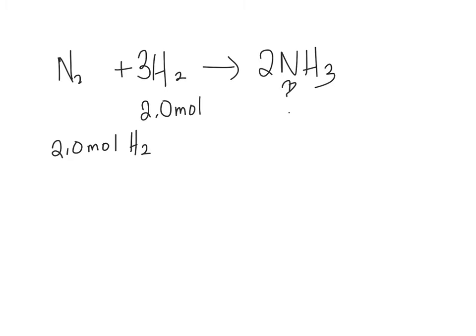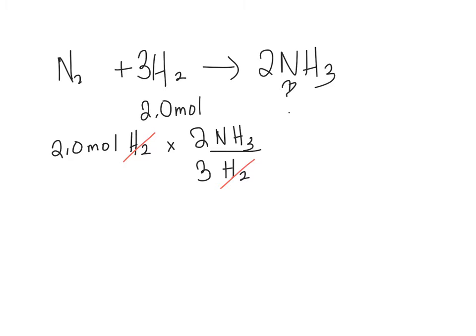Do we want H2 in our final answer? No. So when you set up your ratio, you want hydrogen to be on the bottom. So I want ammonia. I don't want hydrogen. And the mole ratio is 2 of these for every 3 of these. H2 will now cancel.